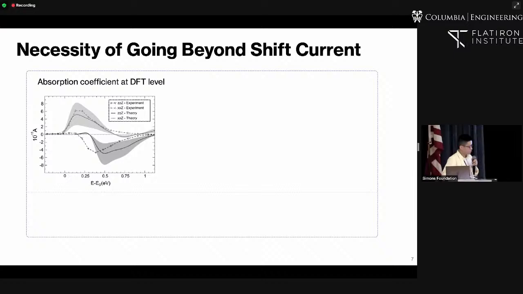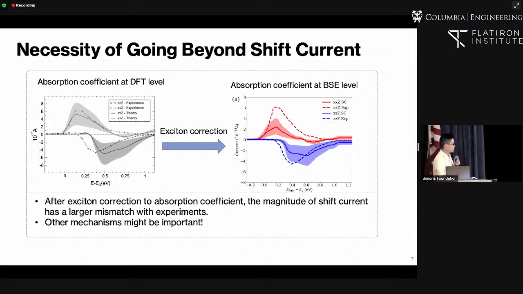So that postdoc replaced the absorption coefficient with the one computed from the Bethe-Salpeter equation, basically to consider the exciton correction. And after the exciton correction, you can see that the agreement is not that good, especially for this component. The magnitude is almost half of the original one. So this basically means that shift current alone cannot really explain the full picture of the bulk photovoltaic effect, and other mechanisms such as the ballistic current may be as important.